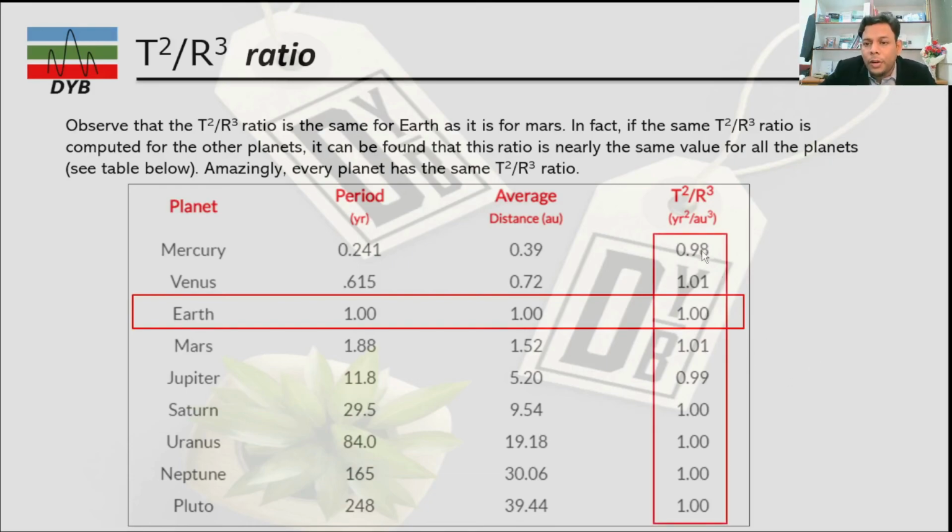If you look at the whole column of the table, you can see the ratio for Pluto, Neptune, Uranus, Jupiter remains the same. That's proof that the third law holds, or has been proven, for all planets.